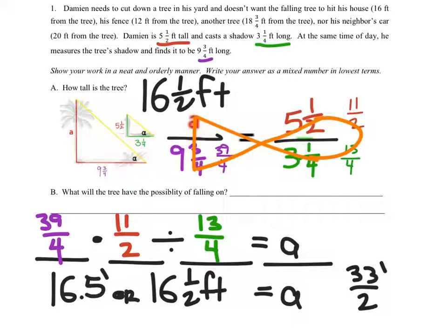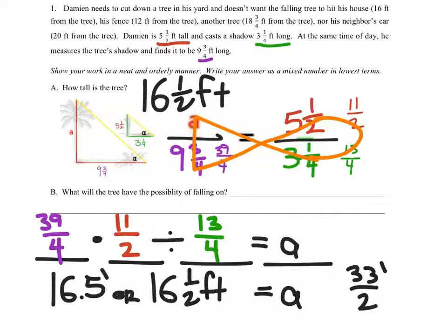So if this tree is 16 1/2 feet tall, then what are the items that it could possibly fall on, knowing how far away each of the items are from the tree? Well, we just need any values that are less than 16.5 feet, right?